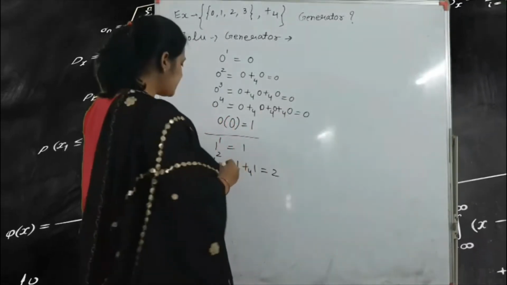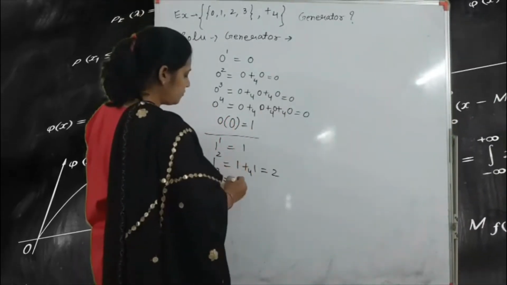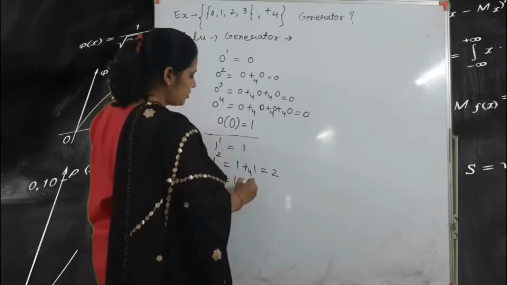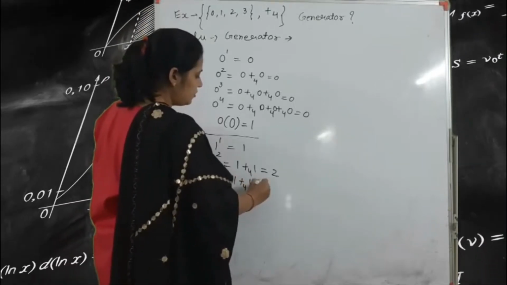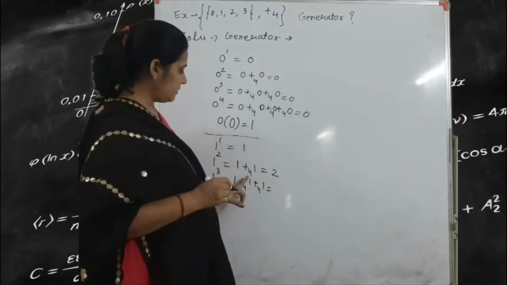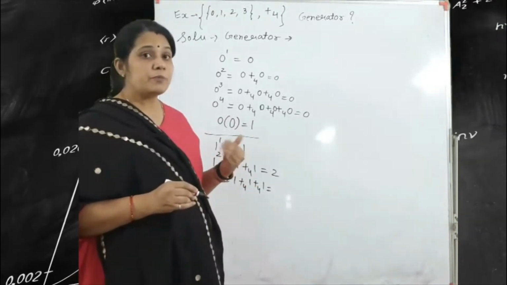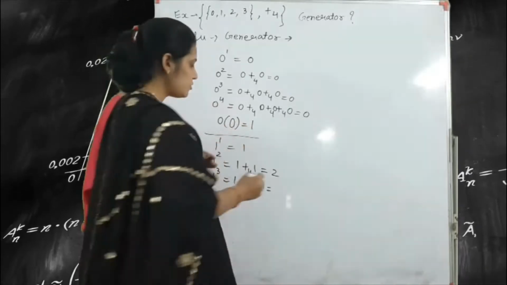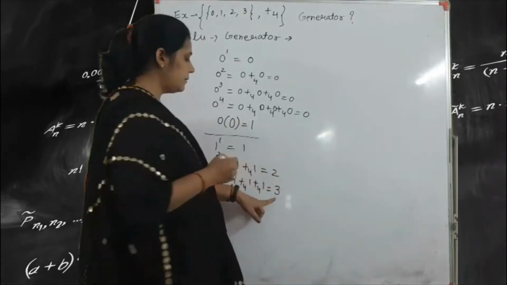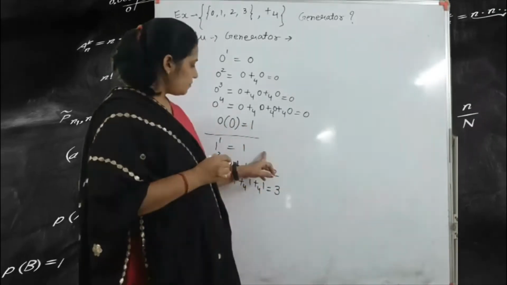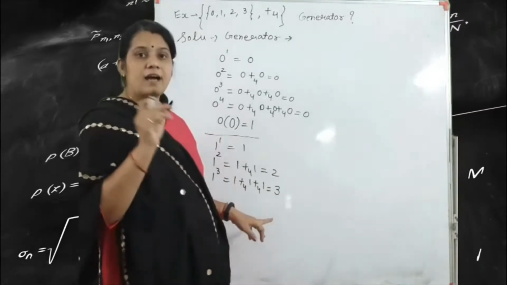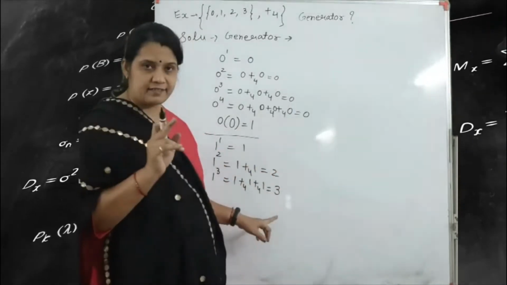Next one is 1 raised to the power 3. So we write 1 addition modulo 4 1 addition modulo 4 1. That means 1 plus 1 plus 1 is 3, and 3 divided by 4. Here 3 is less than 4, so we get the number 3. This is not an answer, this is the remainder. Got it?